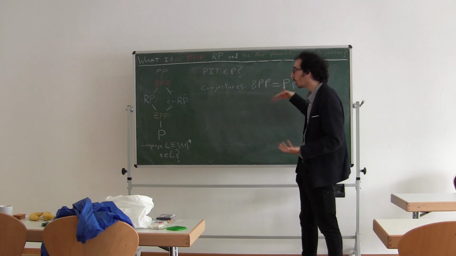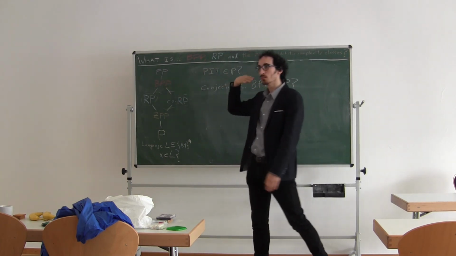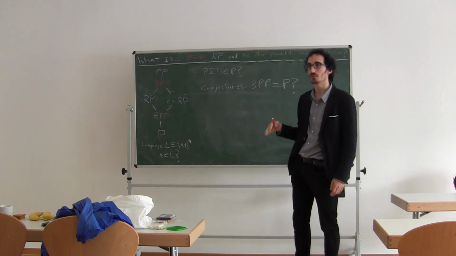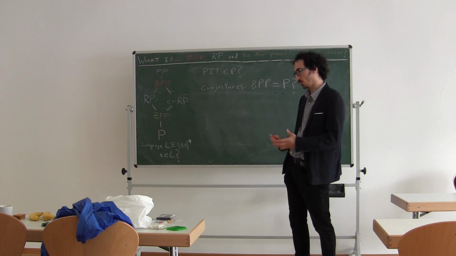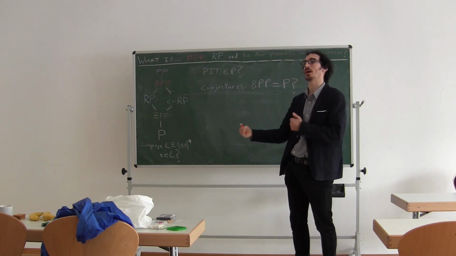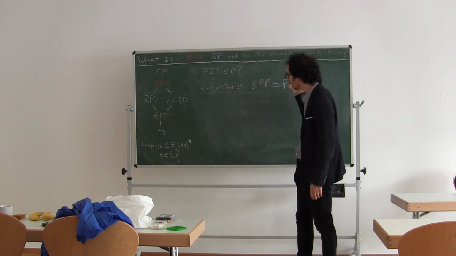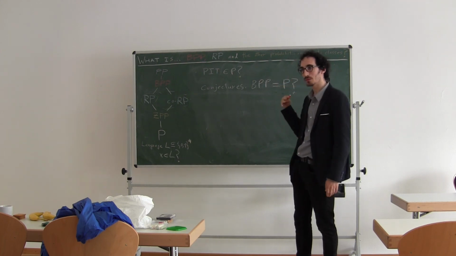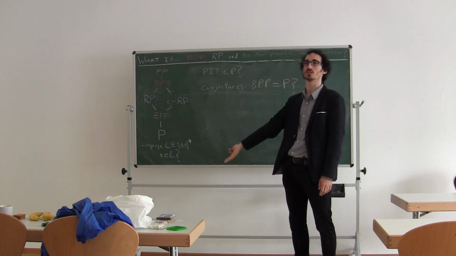So the only thing that probability will really help you with is to get from a polynomial of a certain degree to a polynomial of a smaller degree, which is useful in practice, but it means that it will not really help you with bigger gaps. So this conjecture is not as bad. It doesn't mean that probability is useless. It just means that probability is useless in order to pass from something that is non-polynomial to something that is polynomial.